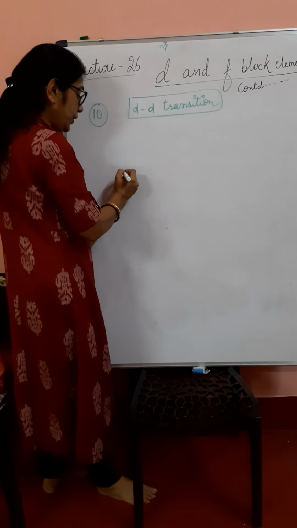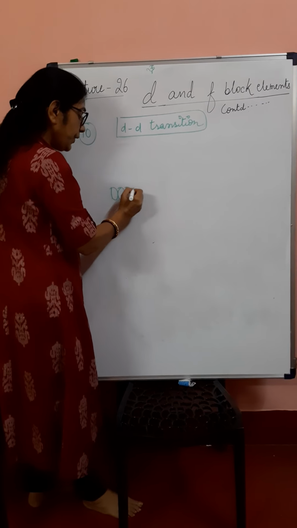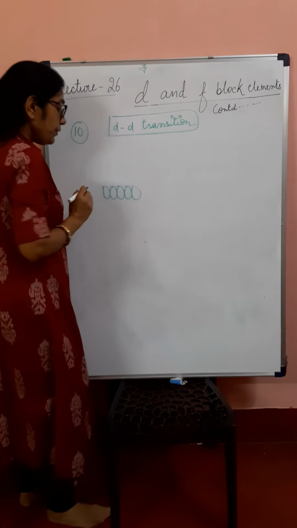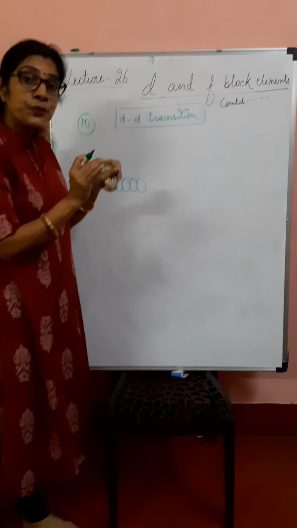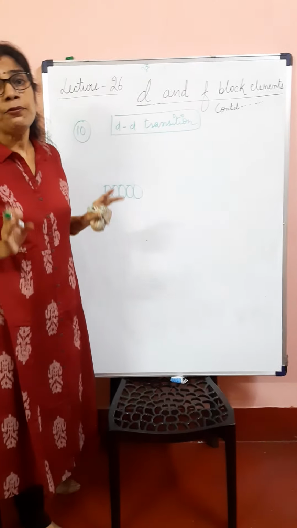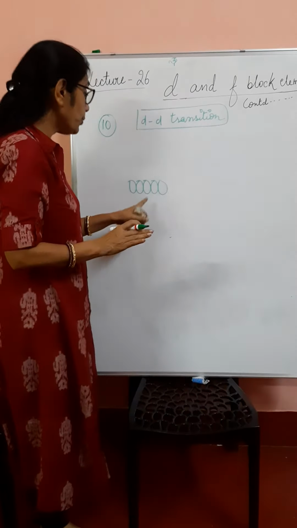Now try to understand what actually d-d transition is. The d orbitals are degenerate. Degenerate means they have equivalent energy, but in the absence of an electric and magnetic field, they are degenerate, when there is no approach of ions.